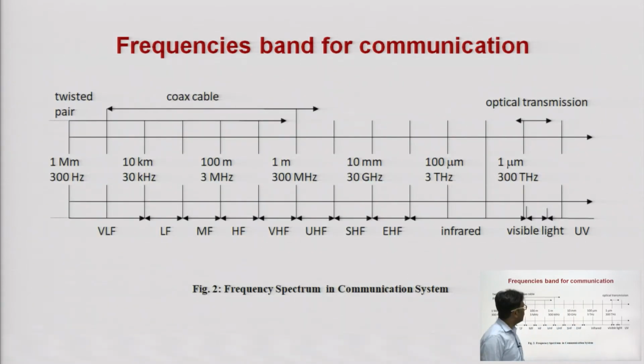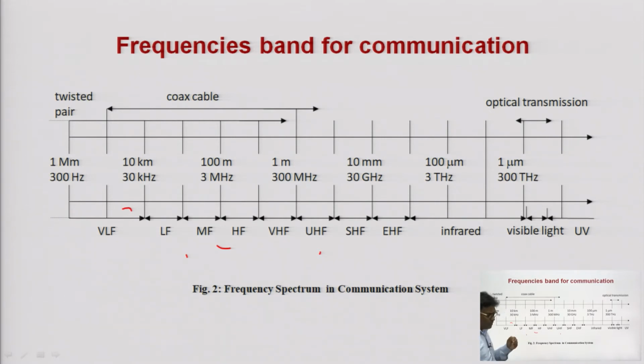So, this slide shows you the frequency bands for communication. You can see here the band starts from very low frequency VLF, then low frequency, medium frequency, high frequency, very high frequency, ultra high frequency, super high, extra high frequency, infrared and visible light. You can see twisted pair cables and coaxial cables are used in this band from VLF till UHF.